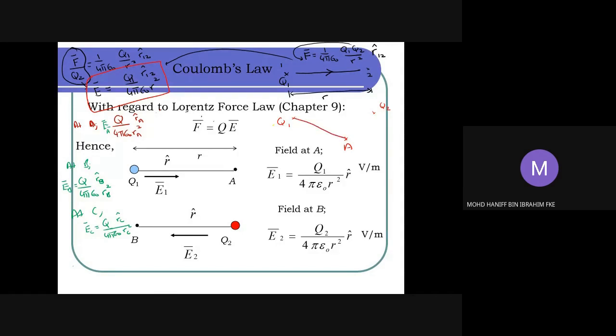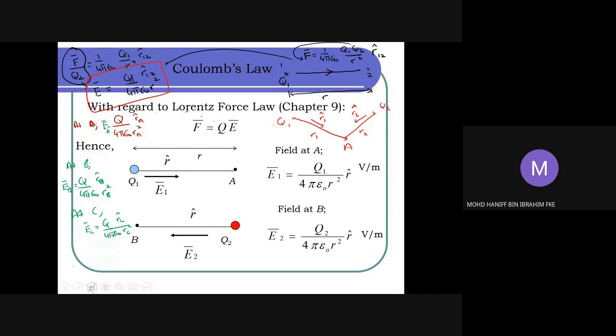The distance from Q1 to point A is R1, and the distance from Q2 to point A is R2. Both charges have their own unit vectors to the point A, R1 hat and R2 hat.